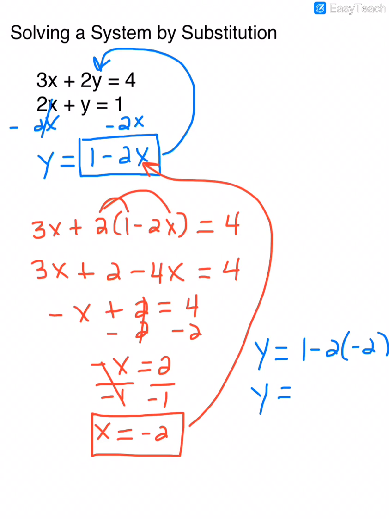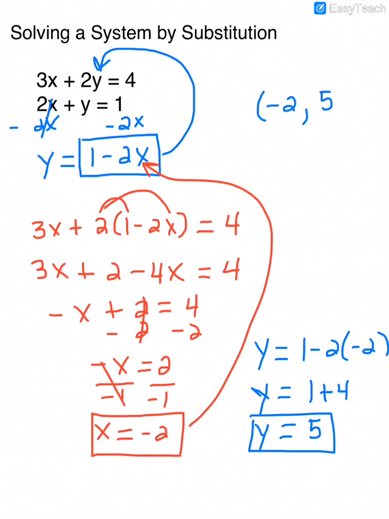All right, so I have to follow order of operations, so I want to multiply first. I'm going to multiply negative 2 times negative 2. That becomes a positive 4. So y equals 5. Okay, so the solution to my system is always going to be an ordered pair. So my ordered pair, that's the solution to my system, is negative 2, 5. That's the solution to my system.